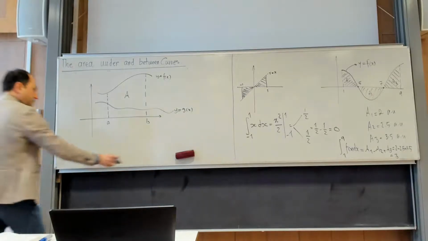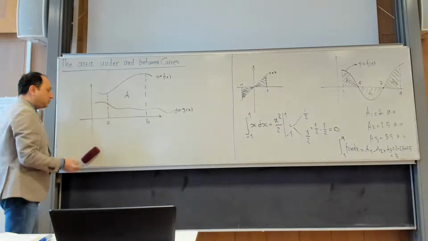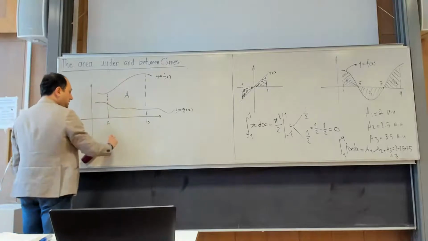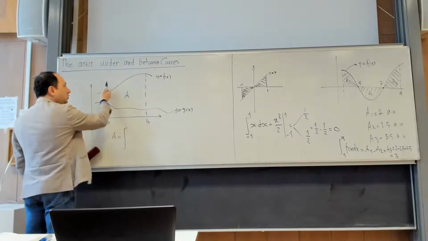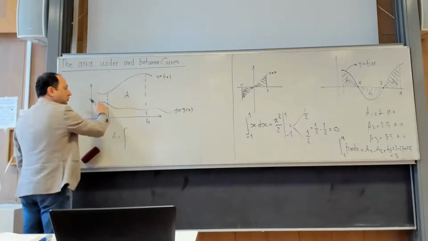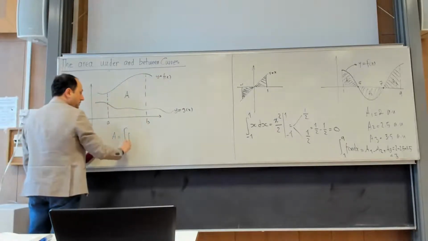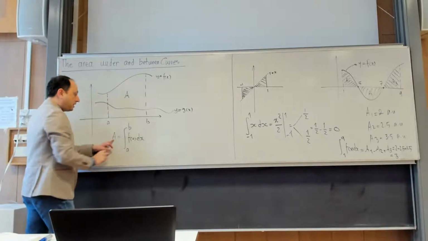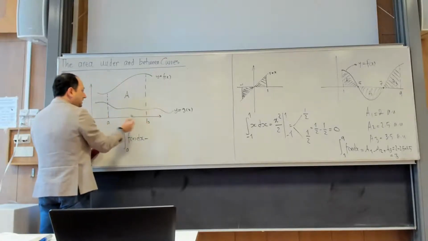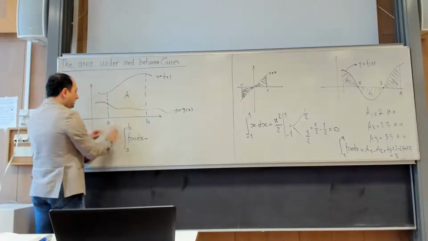What you said is correct, completely correct. You calculate the area below this curve only, and I don't care about the other curve. It becomes the integral of f of x dx from a to b. But I subtract. So you see, this area is here.